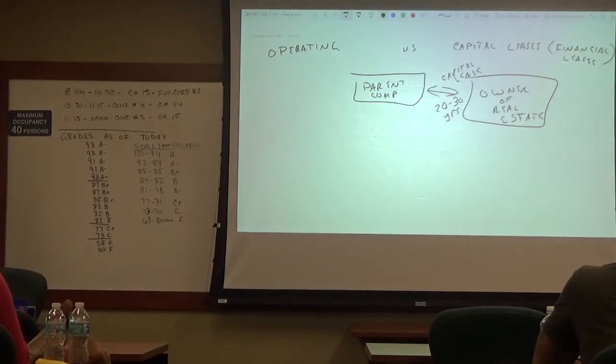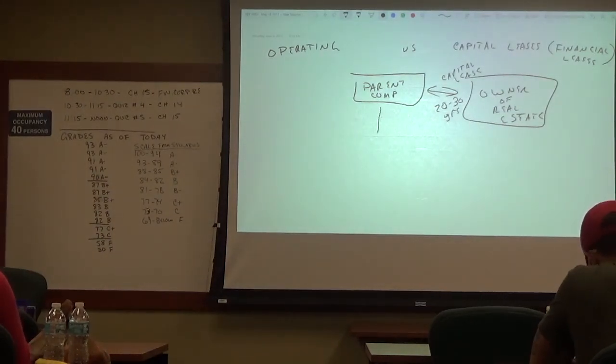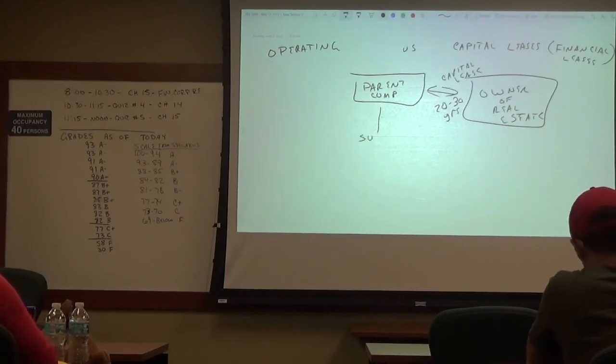But what if the parent company had kids, or in the parlance of corporate speak, subsidiaries? Instead of kids, they're called subsidiaries.